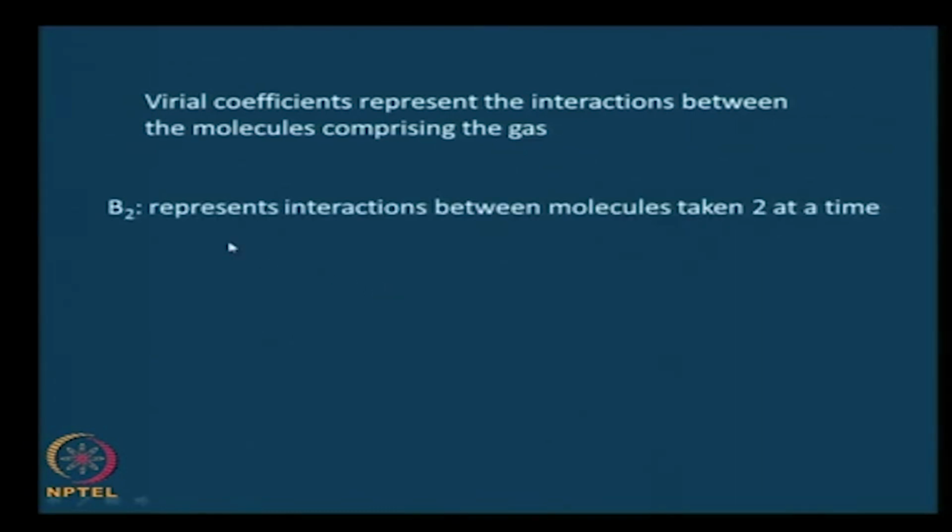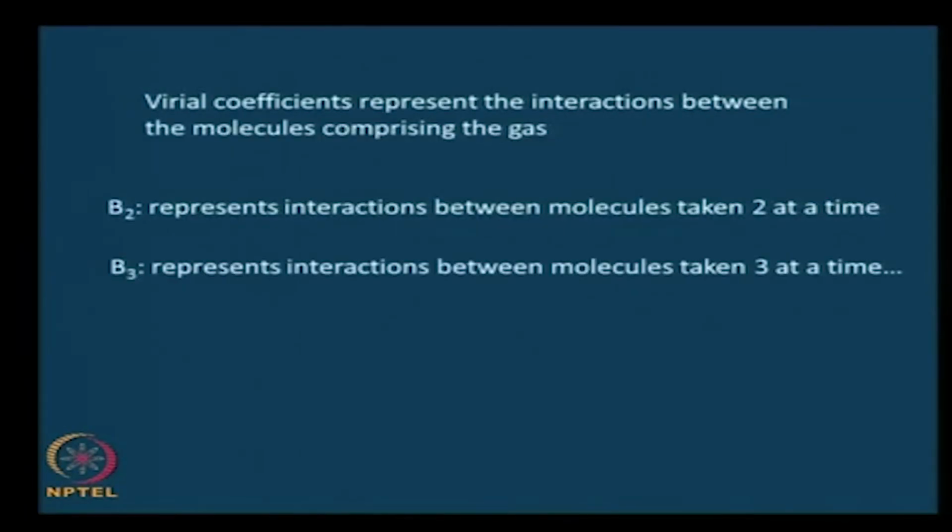For example, B2 represents the interactions between particles in a gas considered 2 at a time. B3 represents interactions between molecules taken 3 at a time and so on.